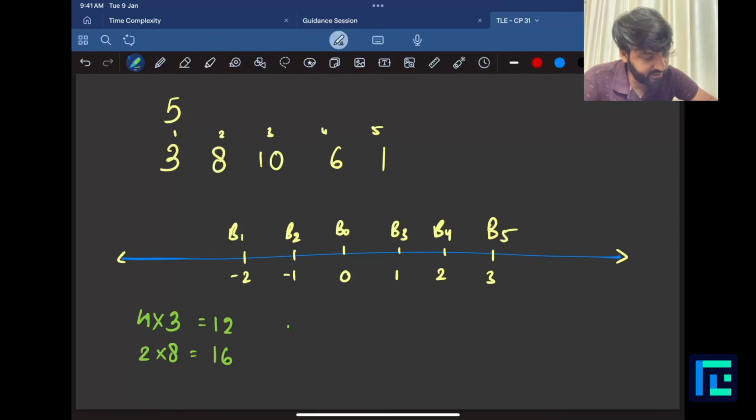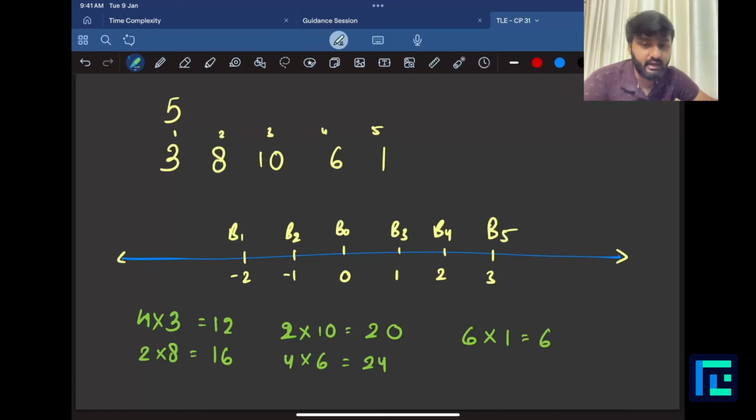Then over here again, 2 into 10 visits. So this gives me 20. This is for B3. Then B4 has 4 into how many visits? 6 visits. So this is 24. And then the round trip is 6, 6 into 1. This is 6 overall time. Okay. And now if I get the overall sum, 12, 16, 20, 24, and 6, this also gives me 78.